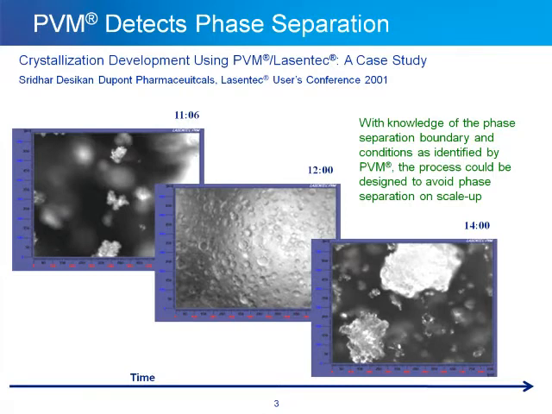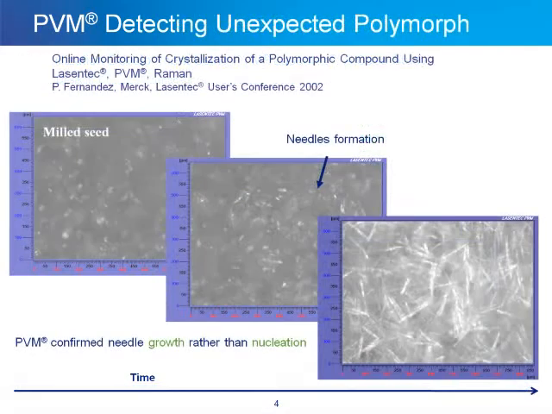And with the knowledge of the phase separation boundary and conditions as identified by PVM, the process could actually be scaled up and avoid the phase separation during scale-up. And that was proven by DuPont and Bristol Myers Squibb. And it was an integral piece was the PVM. And again, by running one simple experiment, we were able to understand that phase separation and then look at the boundary conditions, why that occurred.